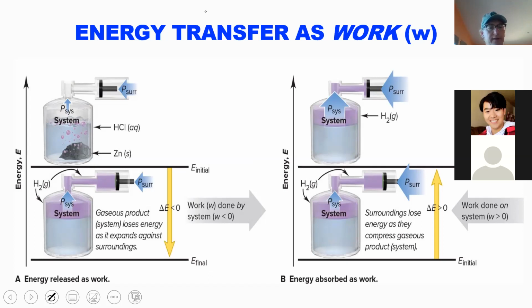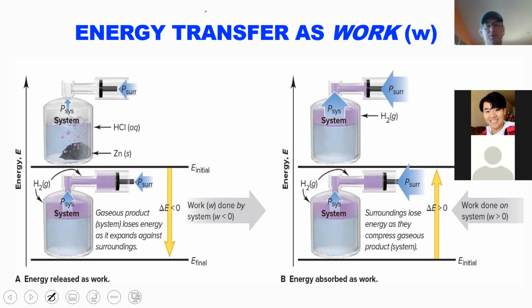Over on the left side, we've got the pressure being increased on the inside as a reaction takes place. We take some hydrochloric acid, and this is a common reaction. We drop a metal into it, in this case zinc, and what happens is that zinc chloride is created when the zinc dissolves in the hydrochloric acid.